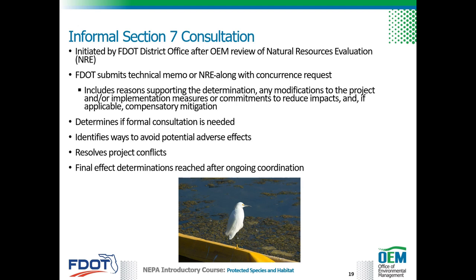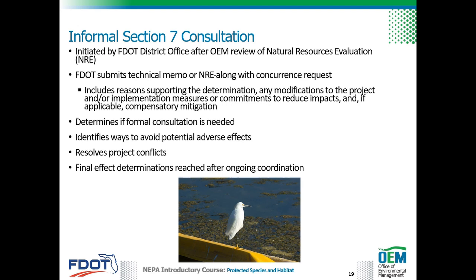After OEM review of the NRE, the district initiates informal consultation by submitting an NRE to the services for review along with a request for concurrence on the effect determination. This information should include reasons supporting the determination, any modifications to the project and/or implementation measures, or commitments to reduce impacts, and, if applicable, compensatory mitigation.